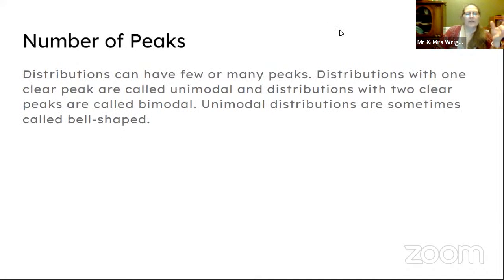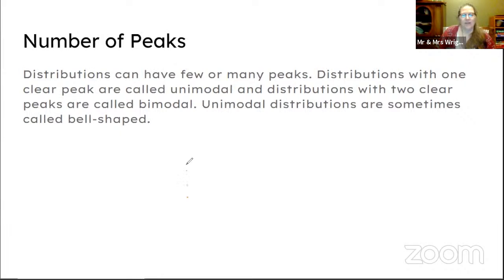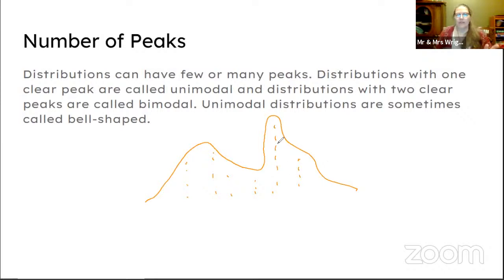Number of peaks. Okay, so when you take all your data and you plug it all in, say those dots, the dot graph that you had, right? Well, if you took all that data and you plugged it in and drew like a chart over it, that would be another way, instead of the dots, to have a visual representation of the data.